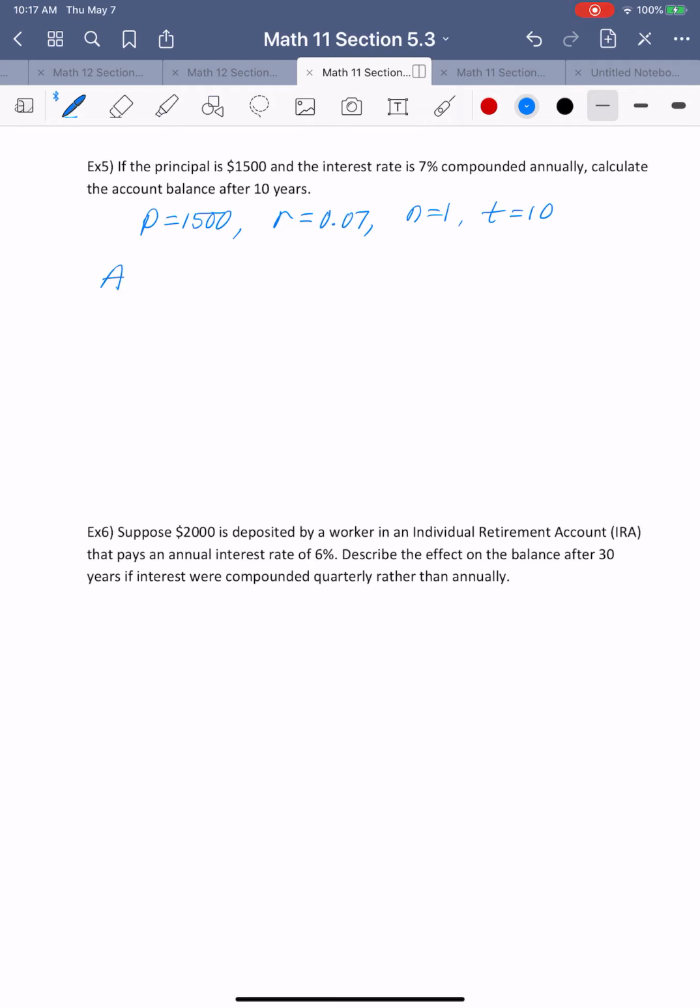So the amount is P times (1 plus R over N) to the N times T. P is 1,500, 1 plus 0.07 over 1, to the 1 times 10, which is about $2,950.73.